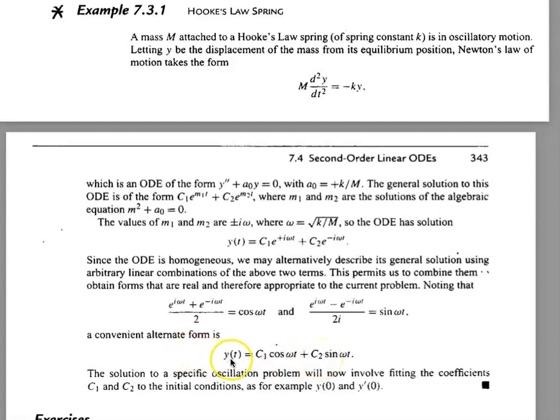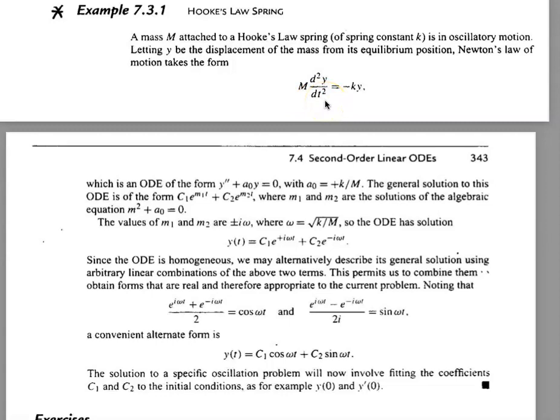But you can differentiate y one time, differentiate it a second time, and then substitute the second derivative here, multiply that by the mass, equal to negative k times the y itself, and you should be able to simplify and show that the left-hand side is equal to the right-hand side.